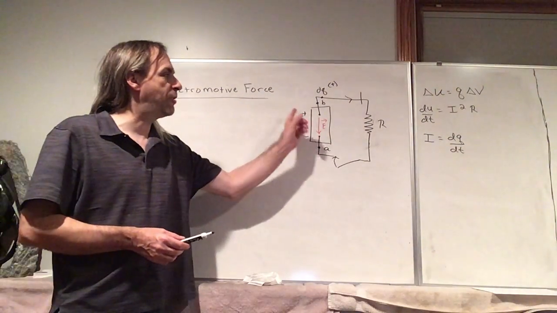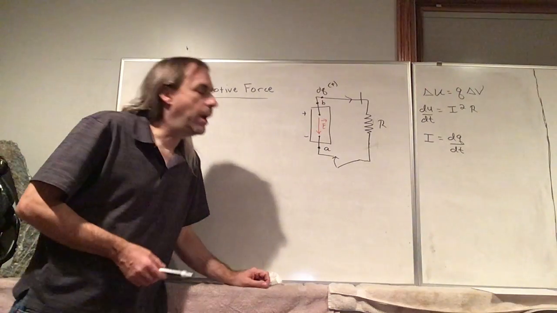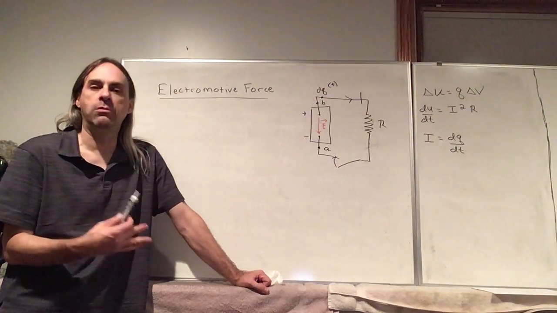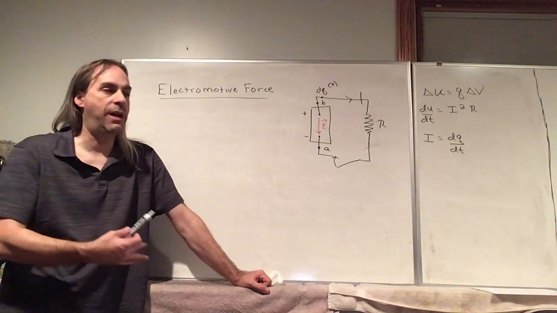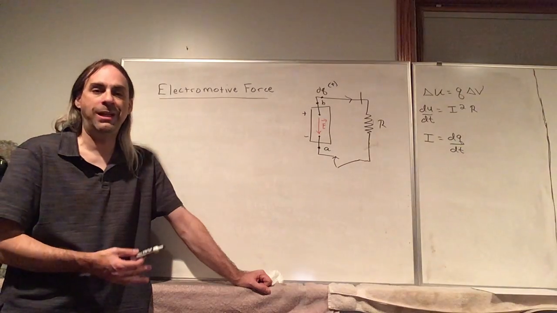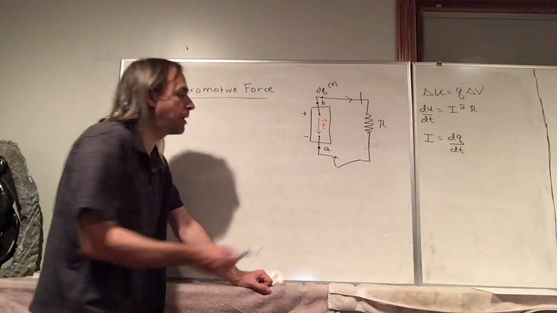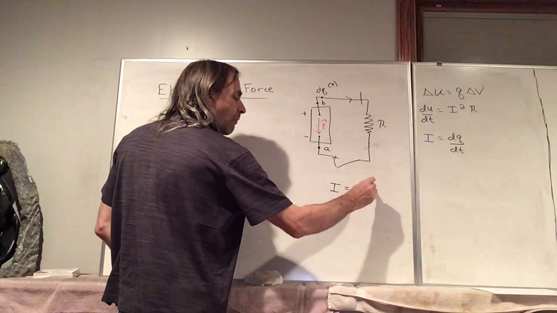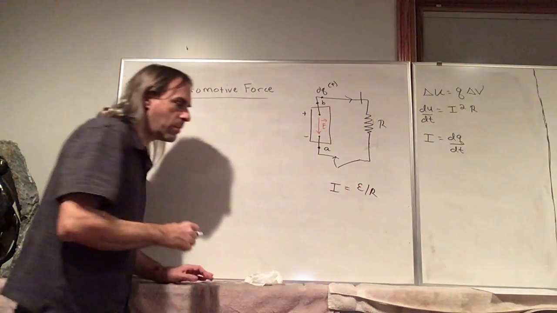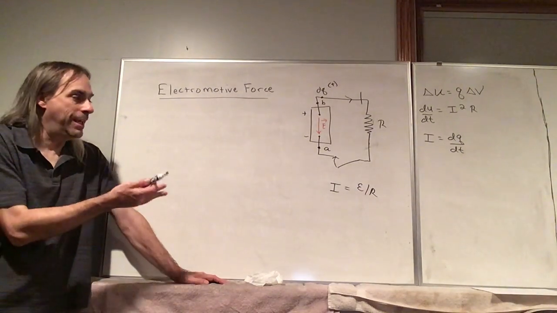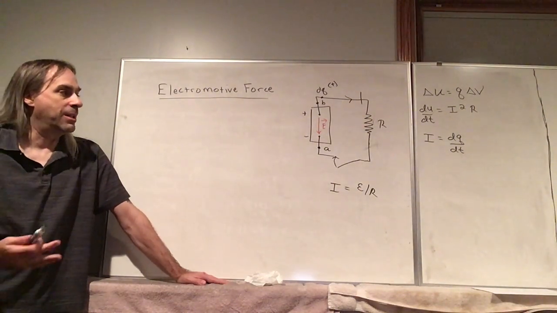When you flip a switch, current is going to flow, and this flow of current involves actual moving charges. They have to actually accelerate. So the current can't instantly go from 0 to E over R just because of inertia.